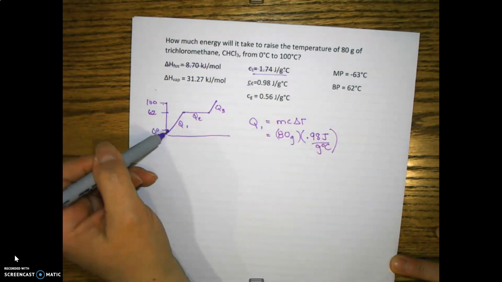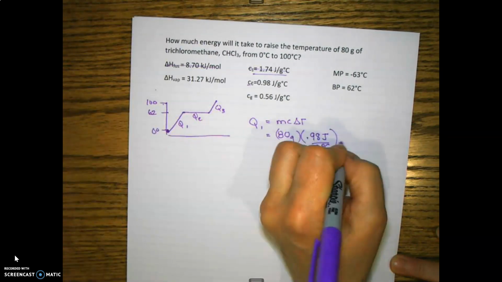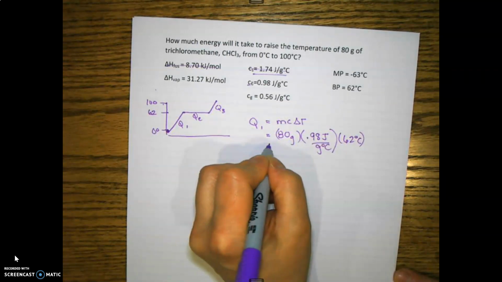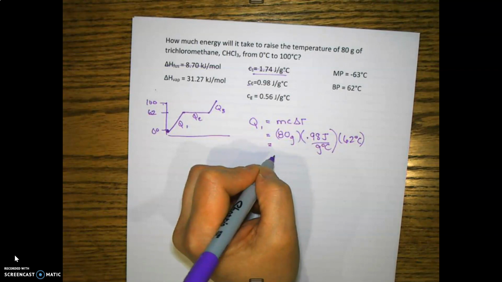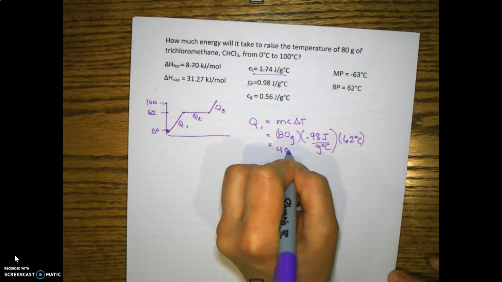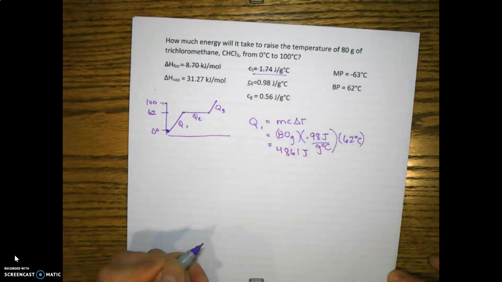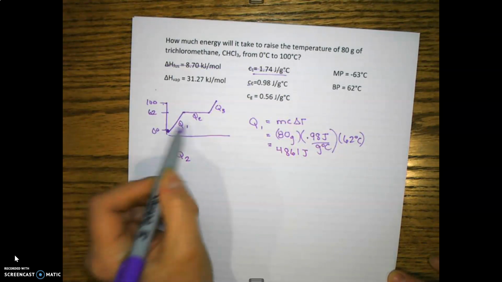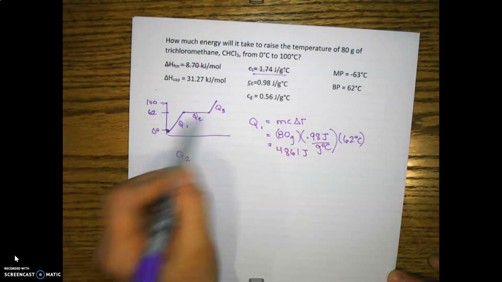And what's my delta T? 0 to 62 is 62 degrees Celsius. So if I do that calculation, I wind up with 4,861 joules. Okay? So then Q2 is going to be boiling the trichloromethane.